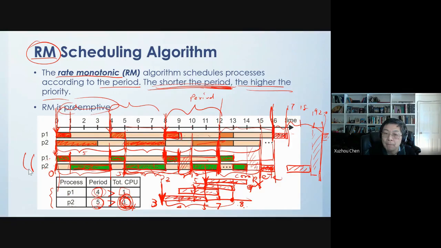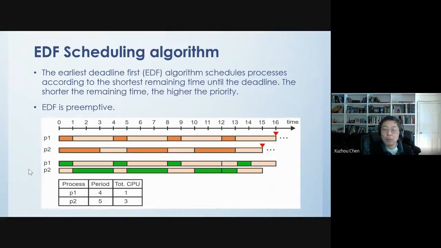Yeah. So failing a real-time process always has consequences. Whether it's fatal or not depends on the application. Like when you play streaming video, you will experience some kind of quality issue, right?